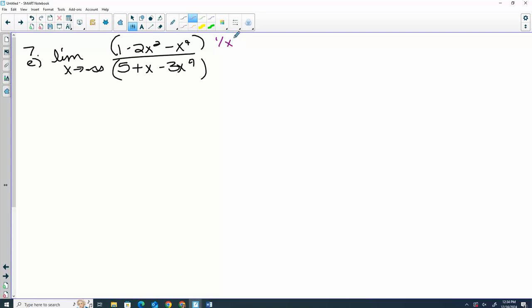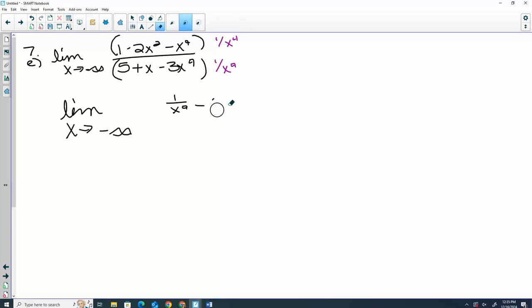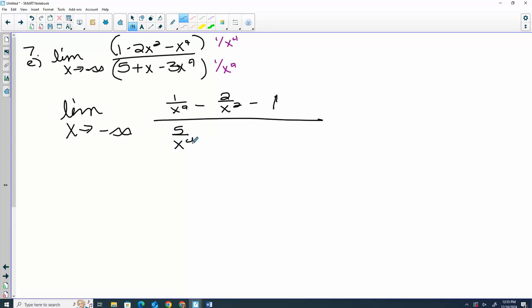Okay, so I'm going to take the highest power, everything times 1 over x to the 4th, or divide every single term by x to the 4th. So then I have the limit as x approaches negative infinity of 1 over x to the 4th minus 2 over x squared minus 1 over, wait, why is it 2x?